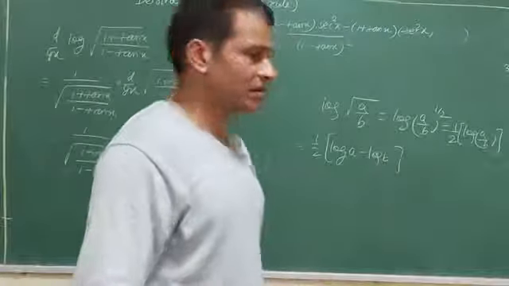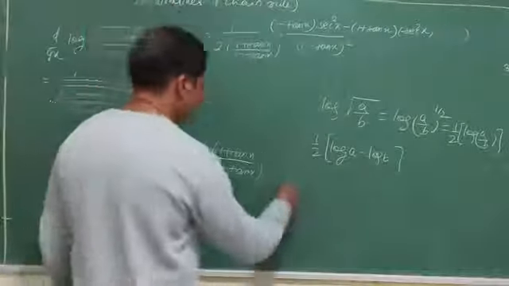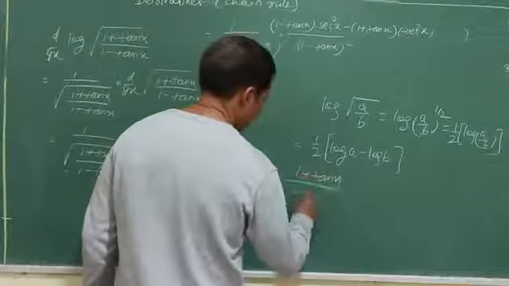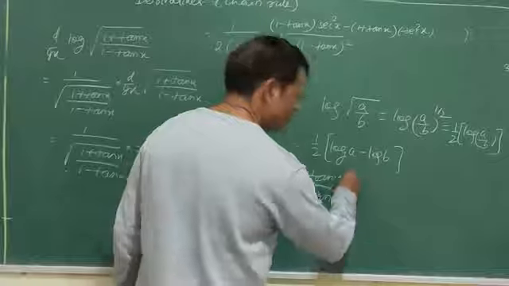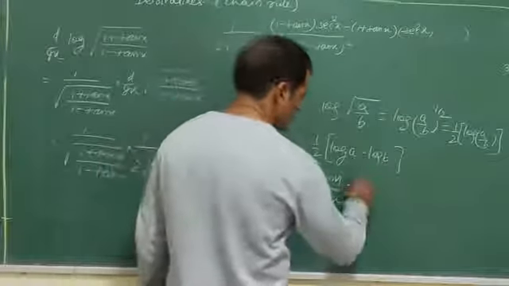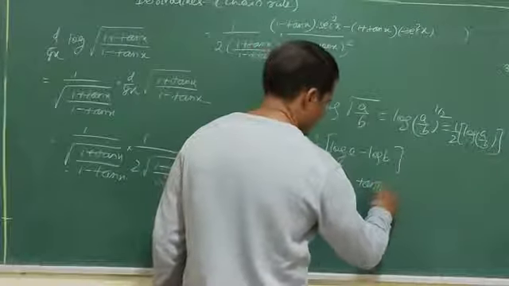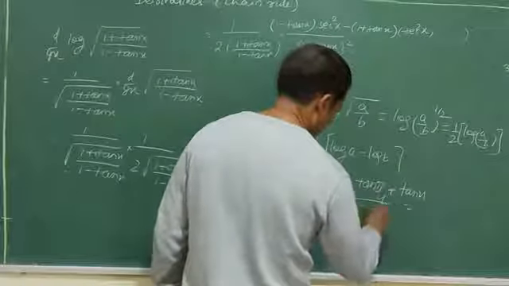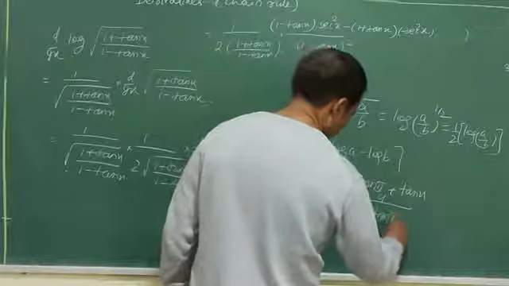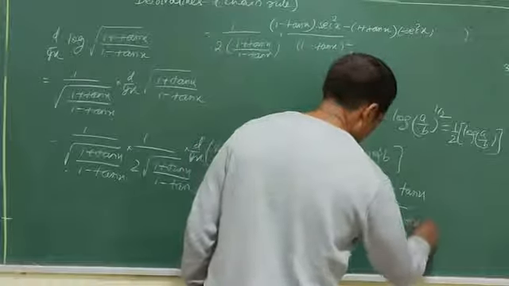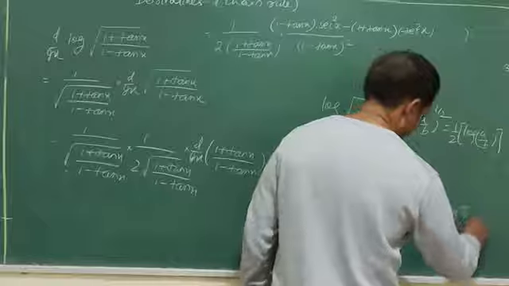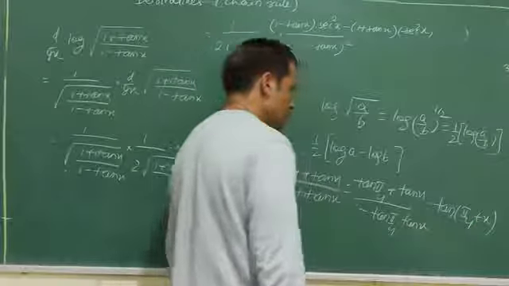Less writing will be there. Similarly, (1 plus tan x) by (1 minus tan x), what can I do to this one? Tan pi by 4 plus tan x by 1 minus tan pi by 4 into tan x. So I can write down this one as tan (pi by 4 plus x). So many things we can do.